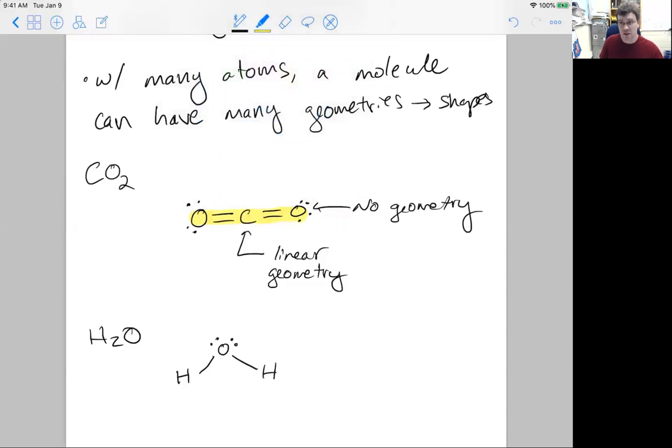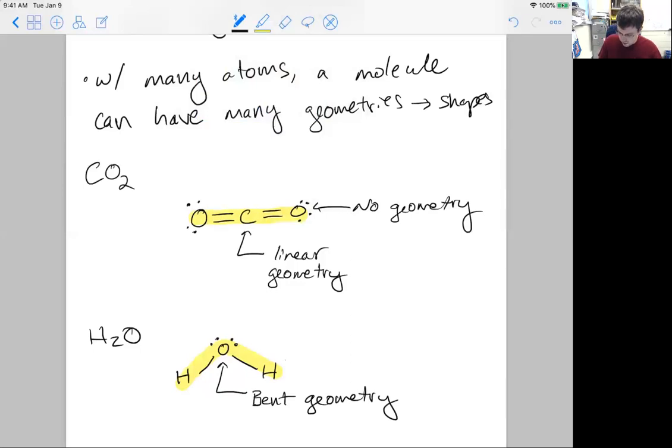So we said the central atom that was attached to more than one atom, the carbon atom in that case, had a linear geometry. Here, we can't draw a straight line without bending it. So for water, as we go from H to O to H, we can't say that that's a linear geometry. Instead, focusing only on the atom that has at least 2 other atoms attached to it, we say the oxygen atom has a bent geometry.